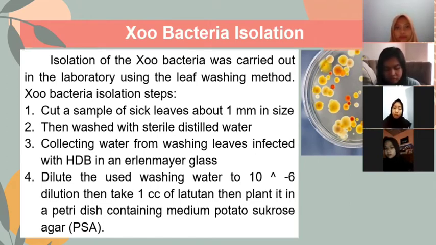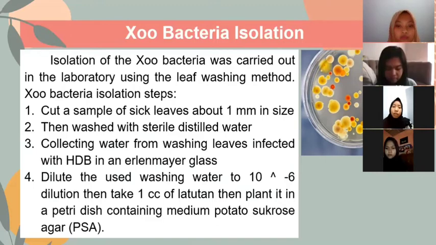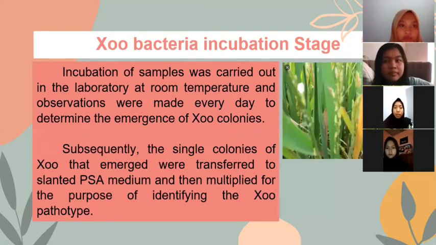Third, collect the water from washing leaf infected with HDB in an Erlenmeyer glass. Fourth, dilute the washing water to 10 to the power of minus 6, then take 1 cc of solution, then plant it in a petri dish containing medium potato sucrose agar, or PSA.